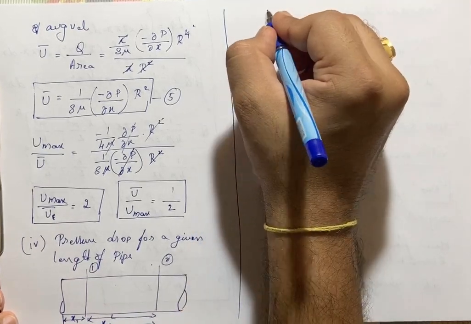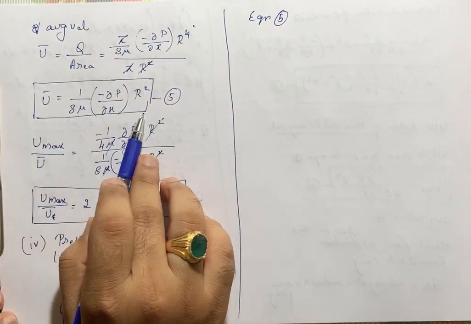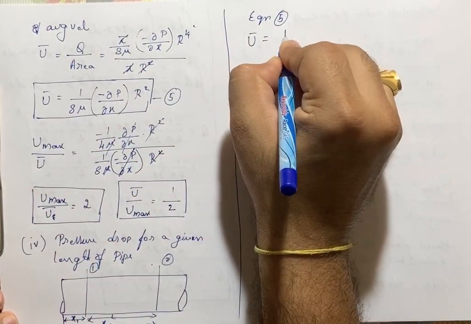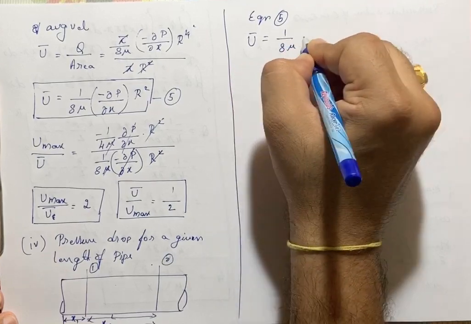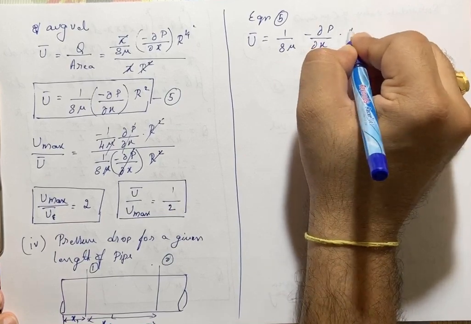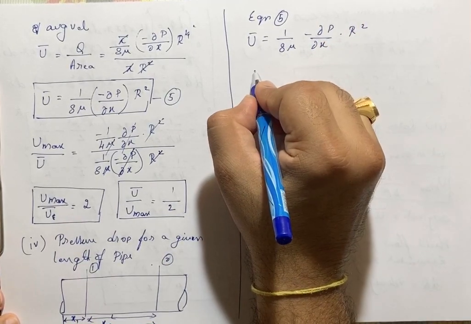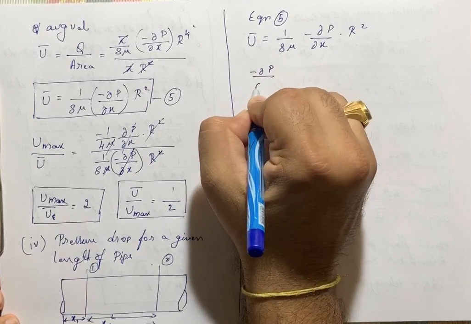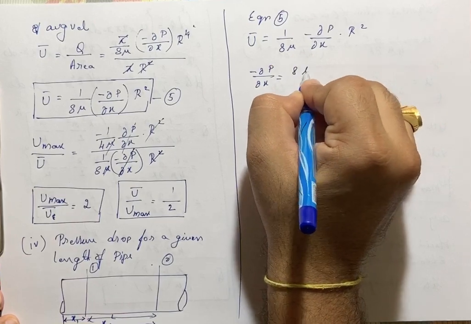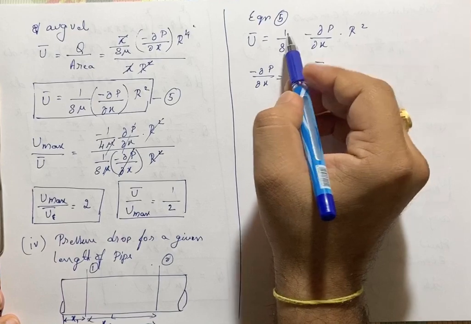Now from equation number 5, the average velocity, we have u bar is equal to 1 divided by 8 mu times minus dou p by dou x into r square, right. Now I will write it in terms of minus dou p by dou x. Minus dou p by dou x will be 8 mu u bar divided by r square, right.